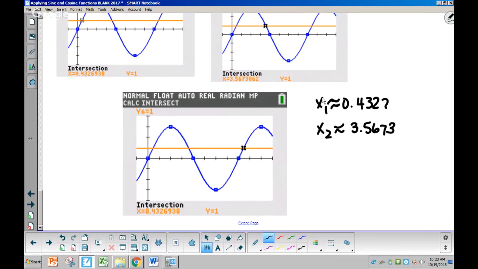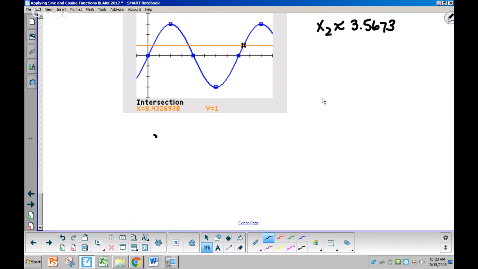Now, let's think about the equation here. We said that was when sine of pi over 4 t equals 1. Is there another way I could solve this by hand? Inverse sine of 1?